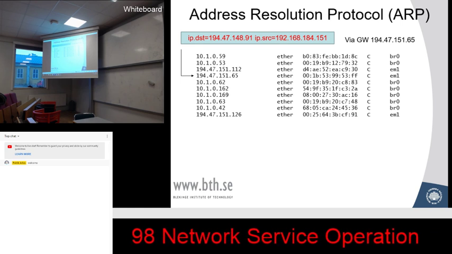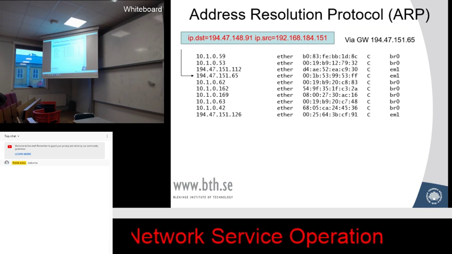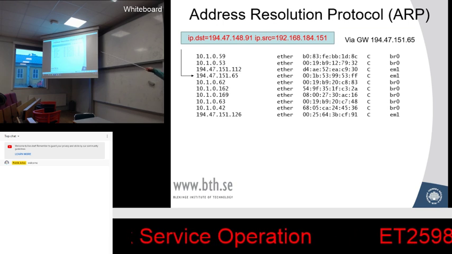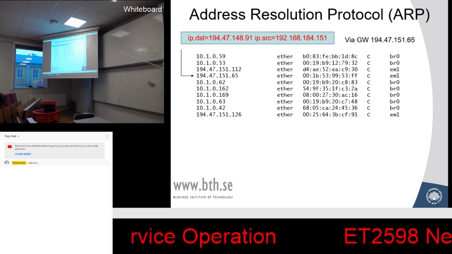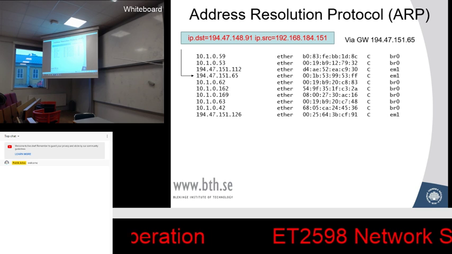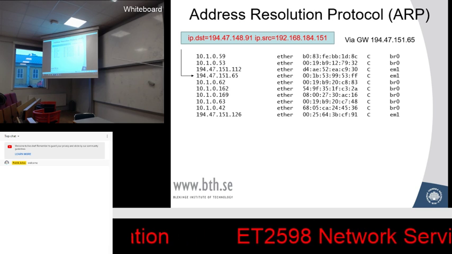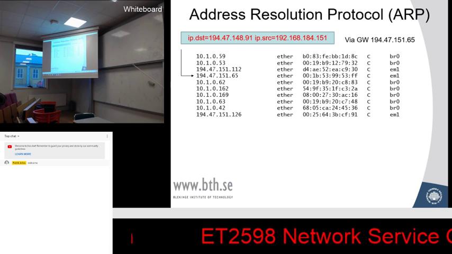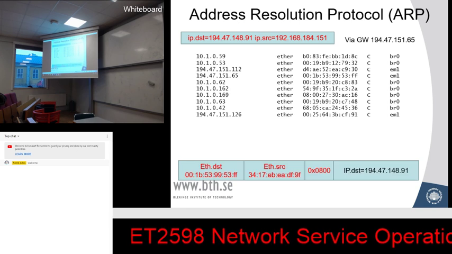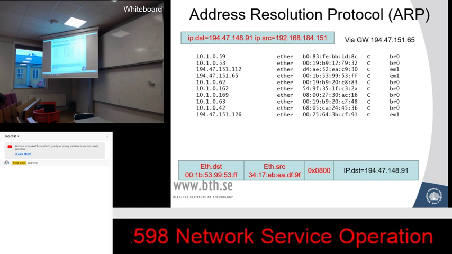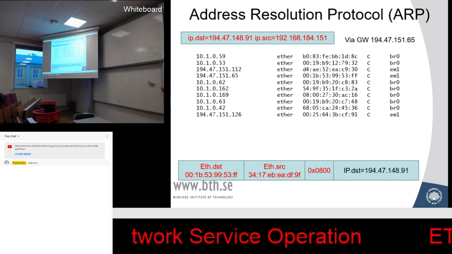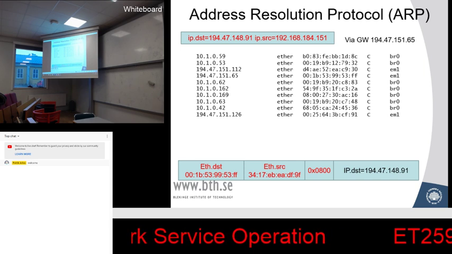So in this case, I actually continue the example. All right? So destination 91, source 51, through gateway 65. We find the layer 2 address for the 65, translate that, and then we push that into an Ethernet frame, or layer 2 frame, Ethernet in this case, where the destination matches the layer 2 address of the 65.